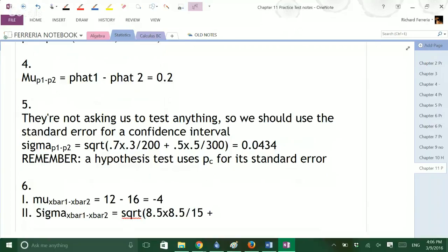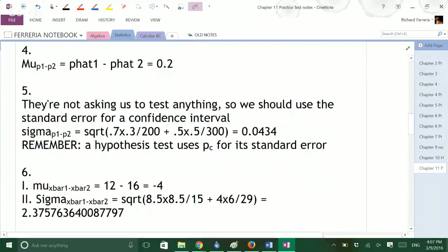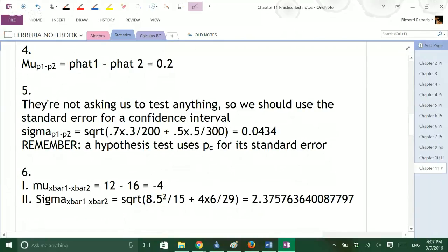The next one is 4 over 29. Clean that up. Wait, what did I do? So we're just saying 4 times 2. That's better, right?